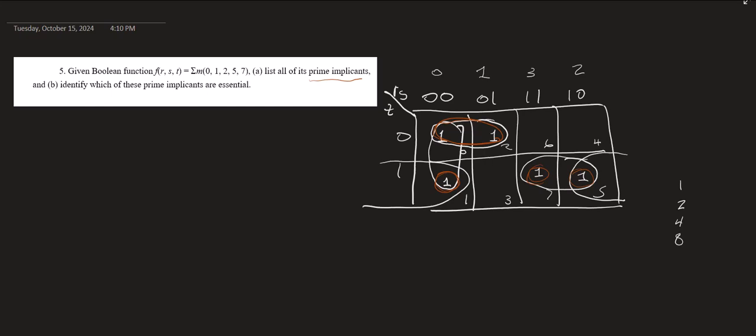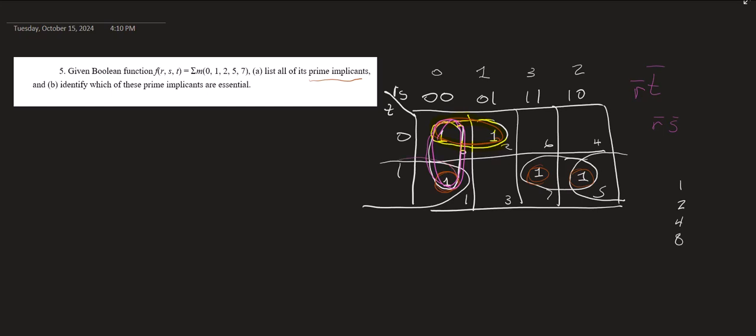So this first one right there is R is 0 and T is 0, so that's R bar, T bar. And the next one would be this one. And for that one, R is 0 and S is 0, so that's R bar, S bar.